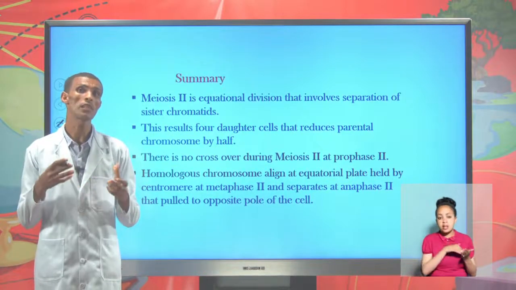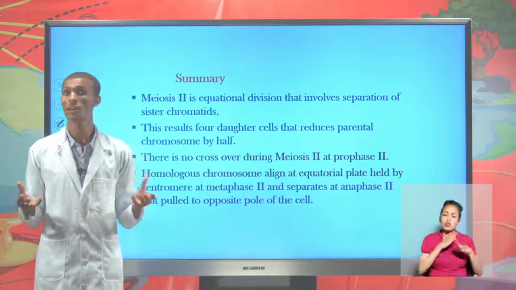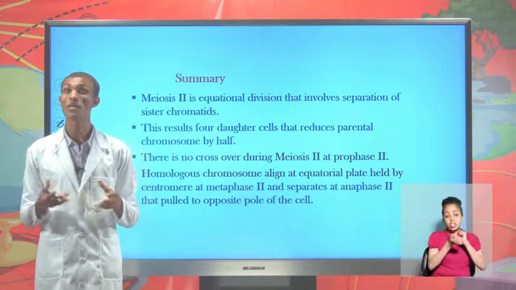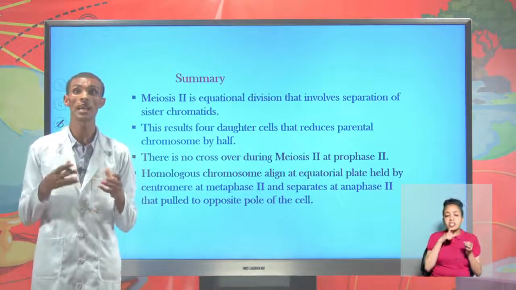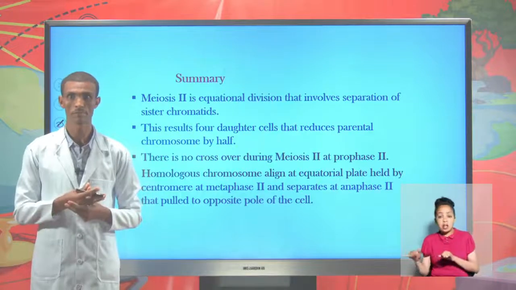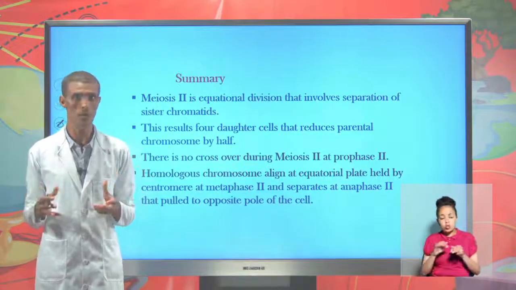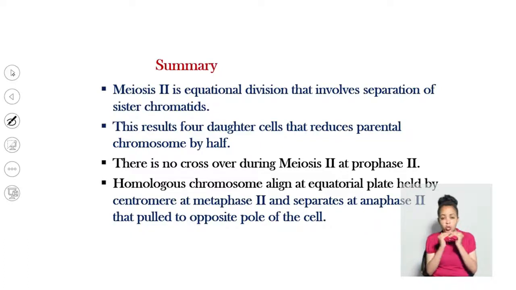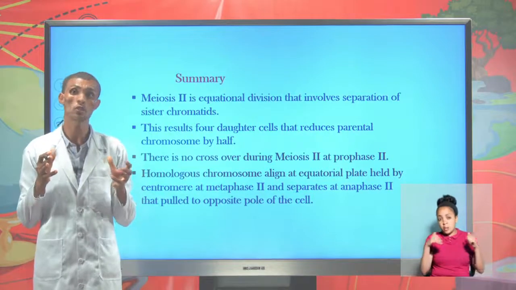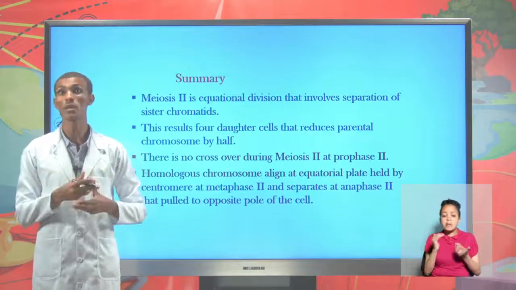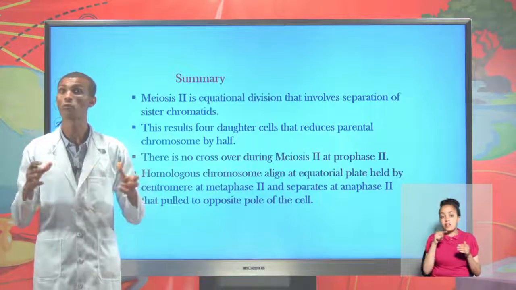And again, as a result of crossover, the exchange of genetic segments, none of the daughter cells is genetically identical. And again, chromosomes become aligned together at the equatorial plane during metaphase 2. And the separation of the centromere takes place during anaphase 2, moving chromatids to opposite poles.